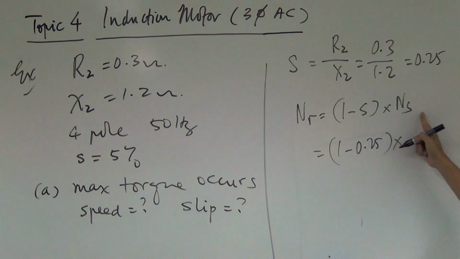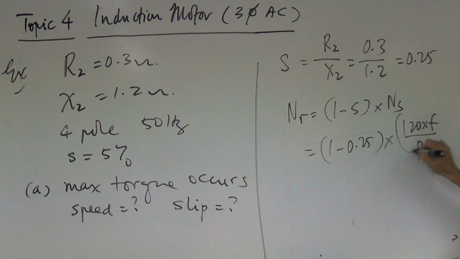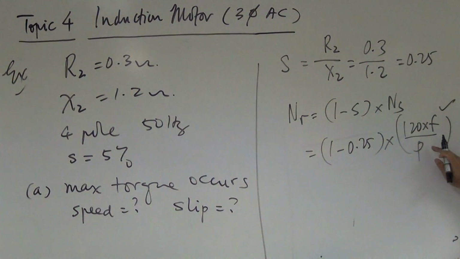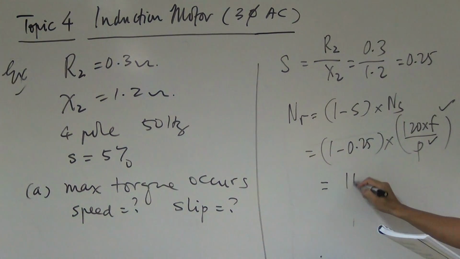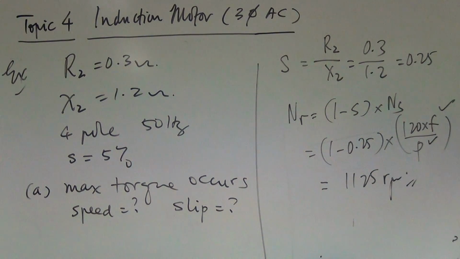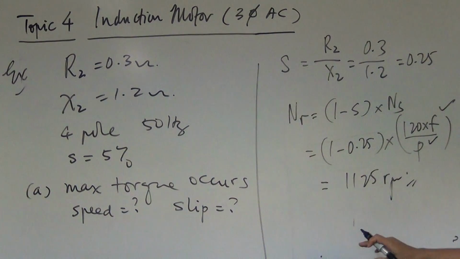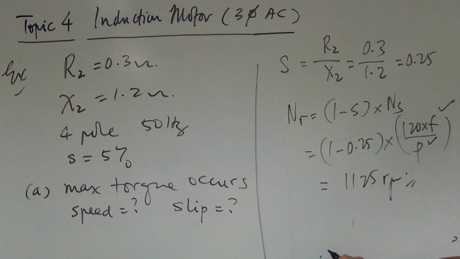How do I calculate NS? 120 F over P, where F is 50 and P is equal to 4. So NR is 1125 RPM. This exercise illustrates how to use the condition for maximum torque.